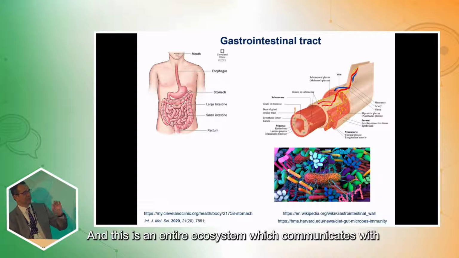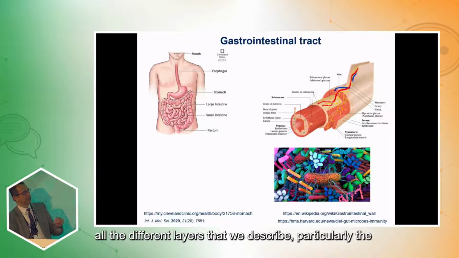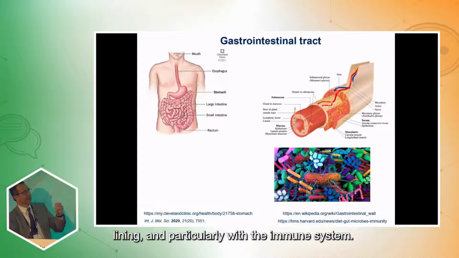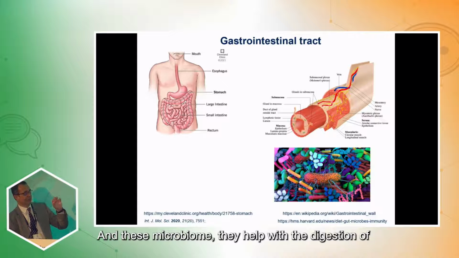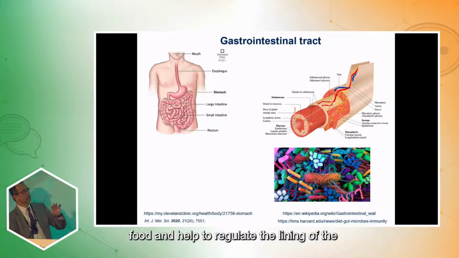This is an entire ecosystem which communicates with all the different layers that we described, particularly the lining and the immune system. The microbiome helps with the digestion of food and helps to regulate the lining of the gut and also regulate the immune system.